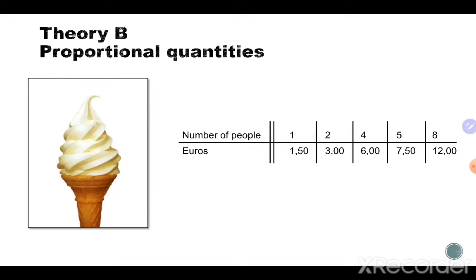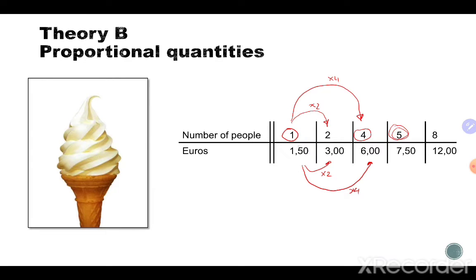So if we talk about proportional quantities, we talk about multiplying. If I multiply this one by 2, then the price is multiplied by 2. If I multiply this one by 4, then the price is multiplied by 4. You can even add with proportional quantities, because 1 plus 4 is equal to 5.